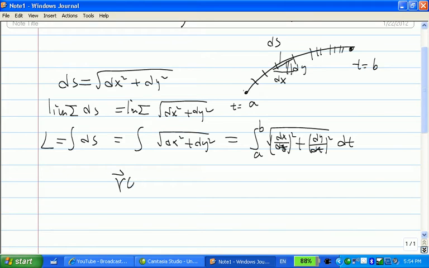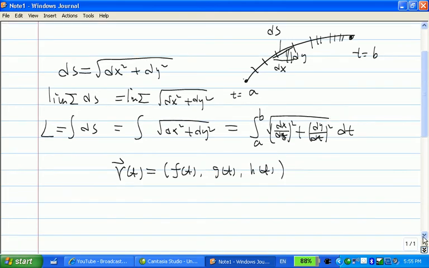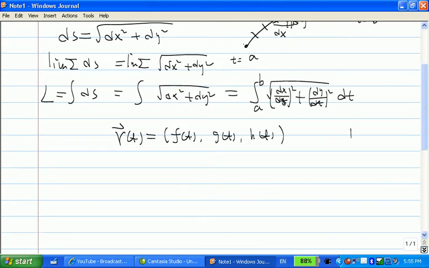In general, if I give you a curve in space, that means I give you a vector function. I give you a curve, say t between a and b. This is equivalent to saying I give you the parametric form: x equal to f of t, y equal to g of t, z equal to h of t.